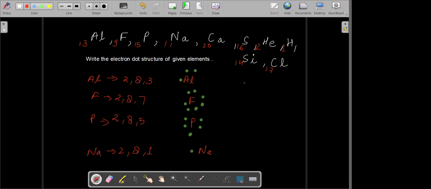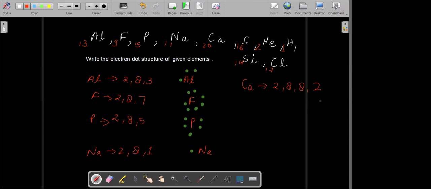Then you have calcium. Calcium, atomic number 20, has the configuration 2, 8, 8, 2.